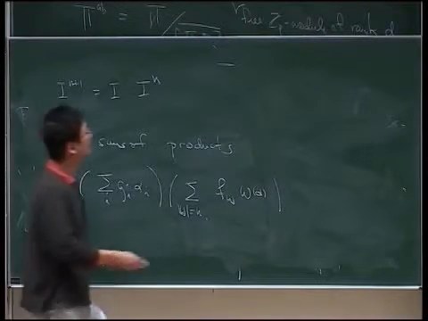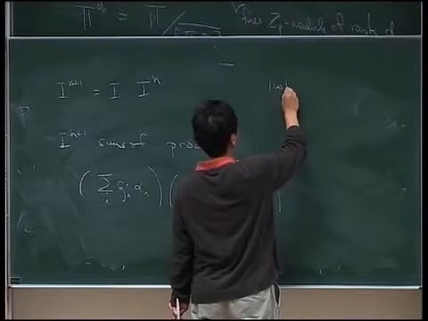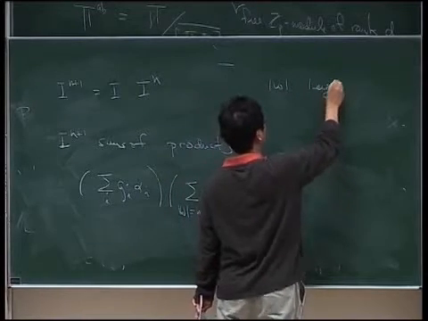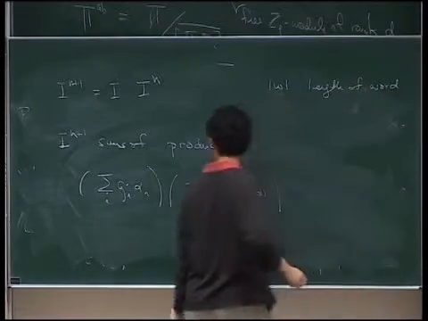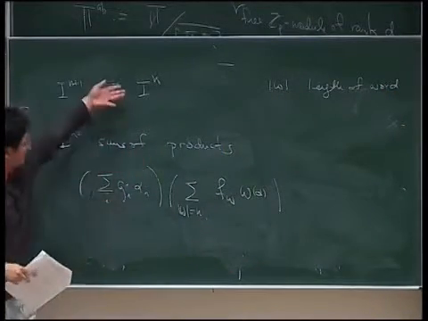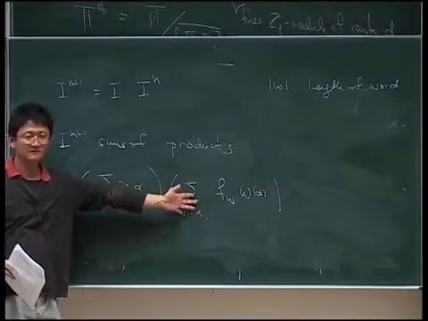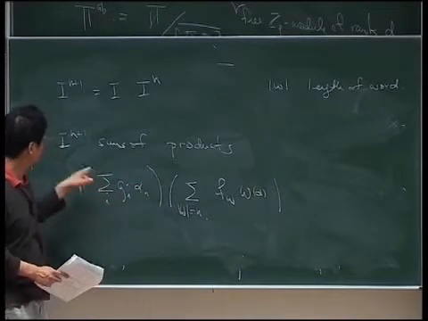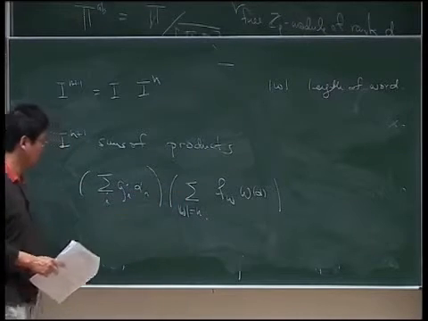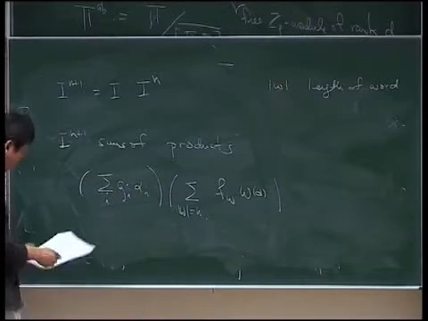Sorry, I had to say this is the length of a word. We already assumed that I^n can be written in terms of these guys. So you get this kind of expression. We'll take products of things inside I and then with this kind of thing.